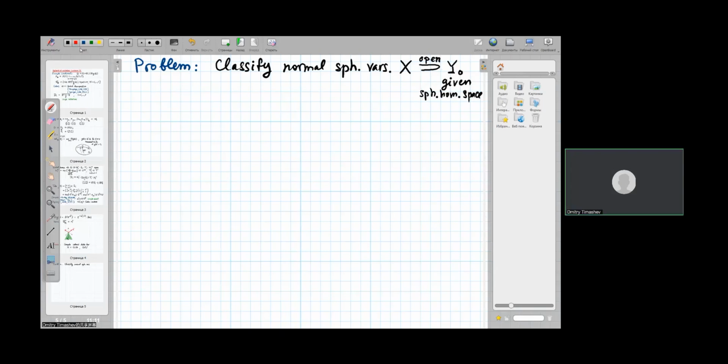Actually, we consider only normal varieties, so I put this word normal in brackets. I'll just speak about spherical varieties, assuming they are normal by default. So since we have fixed the open orbit, we have fixed the color data, which are birational invariants of a spherical variety. So the color data are fixed.